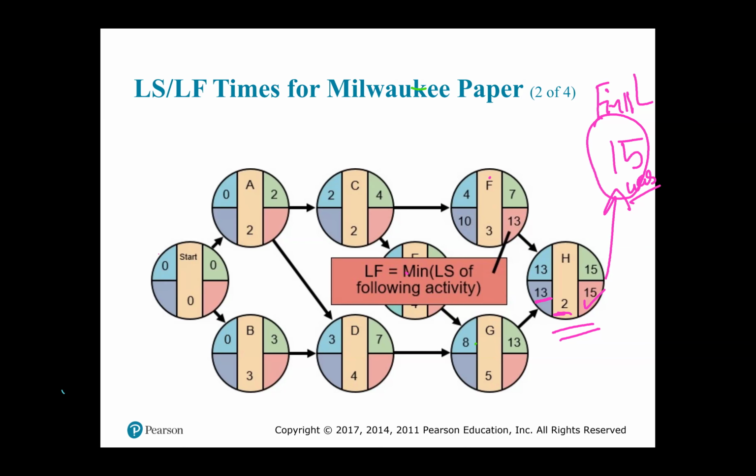Because notice there's an arrow that came in from F to H. So you're going to pick up that late start of 13, and you're going to backtrack on that arrow and plonk that 13 down in the late finish spot for F.